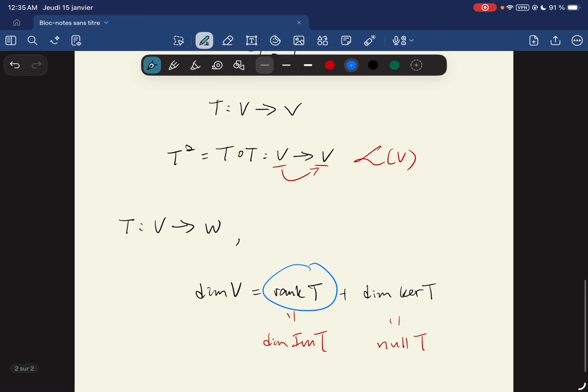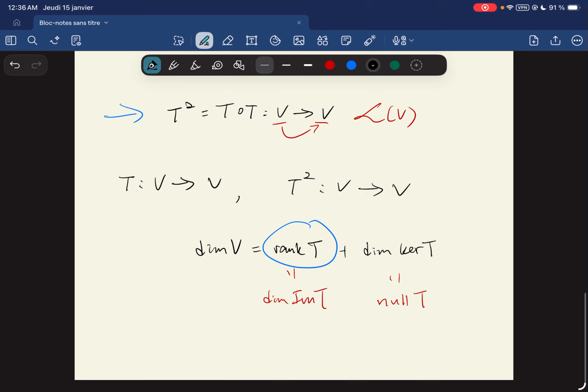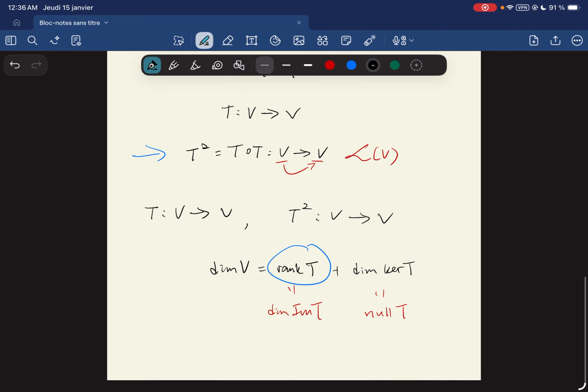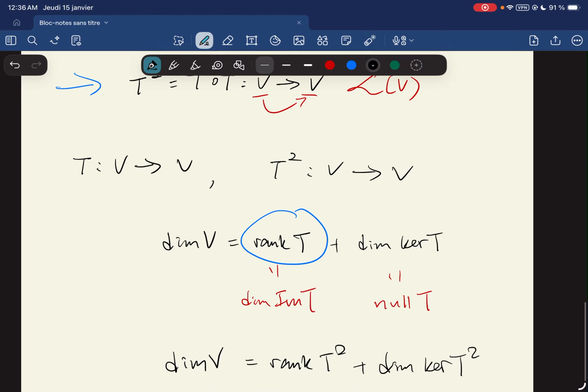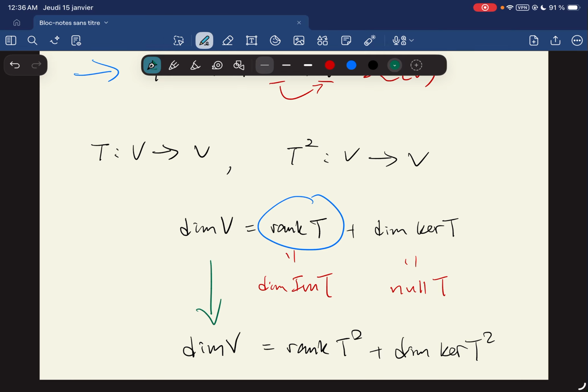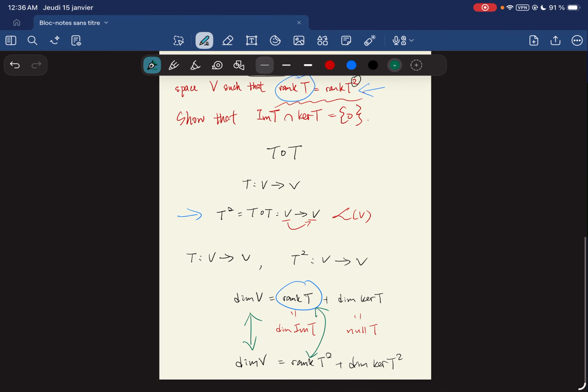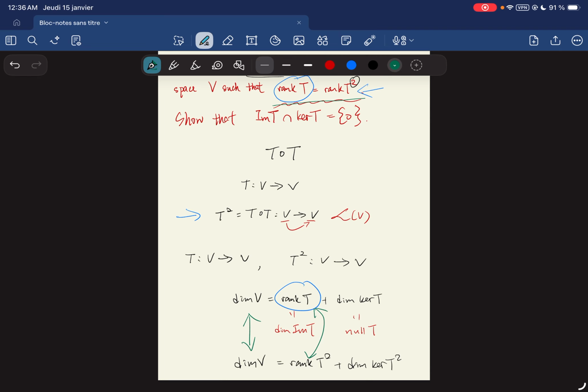As stated, T squared is the same as T in the sense that it is still mapped from V to V. So by the dimension theorem, the dimension of V also equals the rank of T squared plus the dimension of the kernel of T squared. You can see how the given condition can be used. These two are the same, and these two are the same by the given condition up here.